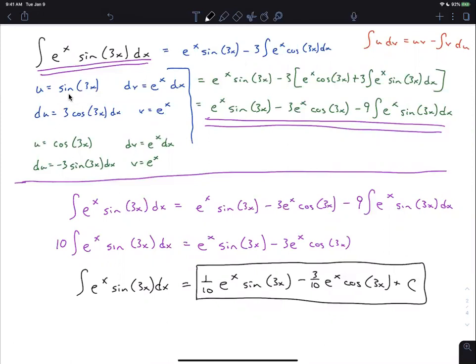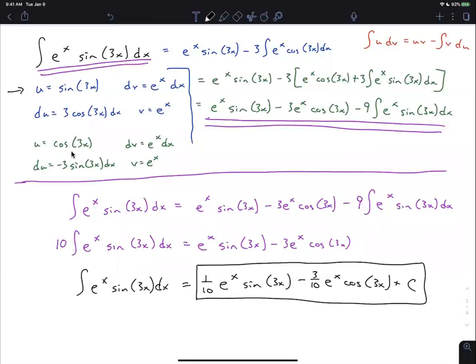One comment is that once you decide, if you're doing this form of a problem, on the setup, u and dv, you can reverse that. This u could be e to the x and dv could be sine of 3x dx, but you need to keep it the same when you do the next iteration.